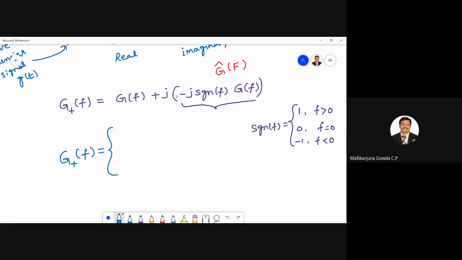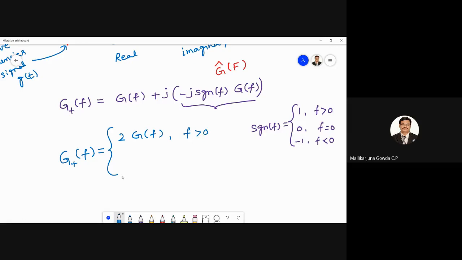So j square is minus 1, and minus 1 into minus is plus 1. What can I write for f greater than 0 as the value of G plus of f? It is 2 into G of f. This is for f greater than 0.